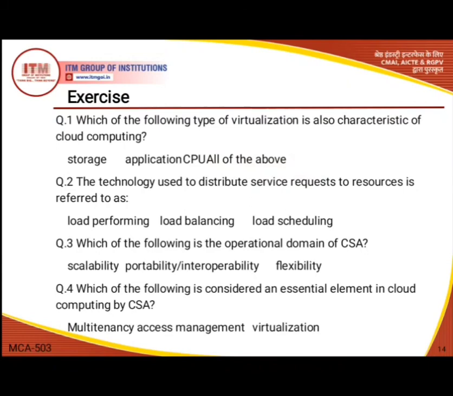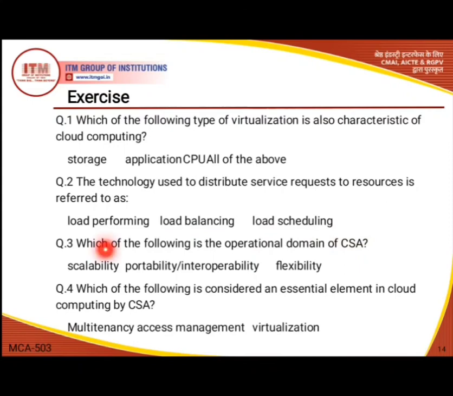And the second question is, the technology used to distribute service requests to resources is referred to as? So just think and try to answer it on your own, what is the answer: either load performing, load balancing, or load scheduling.